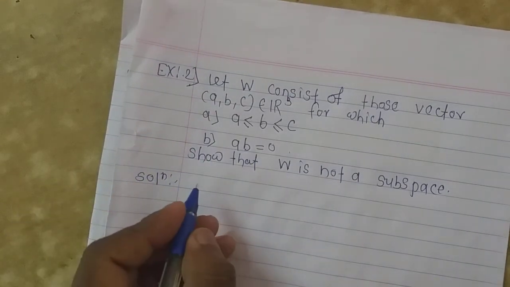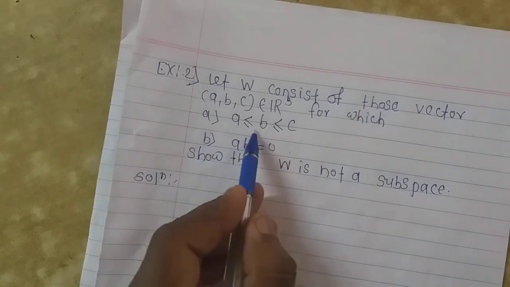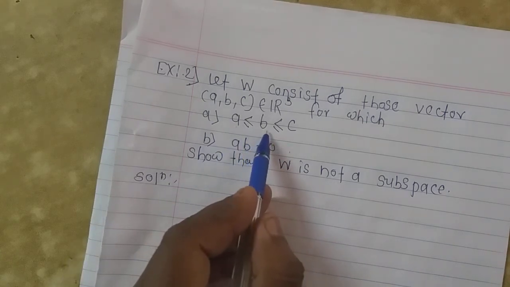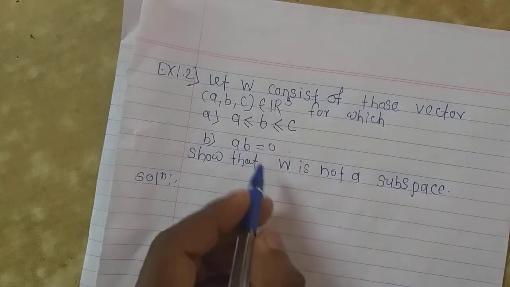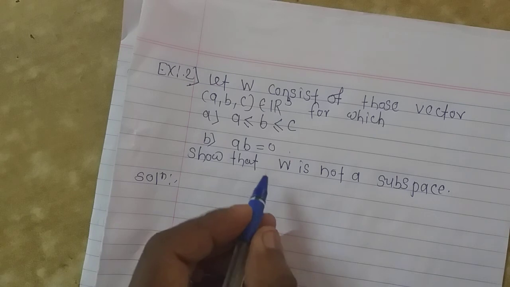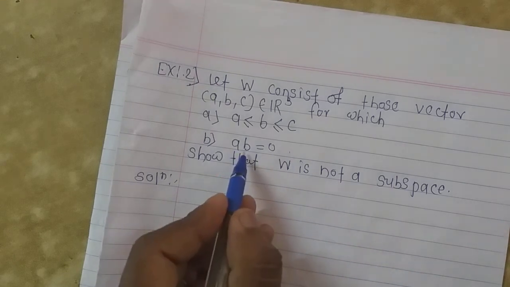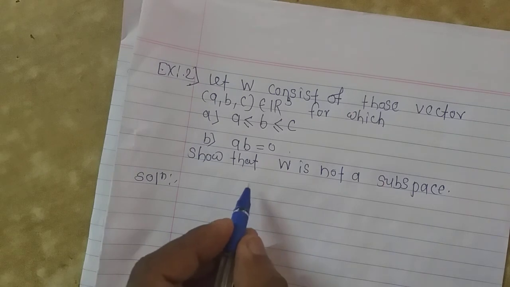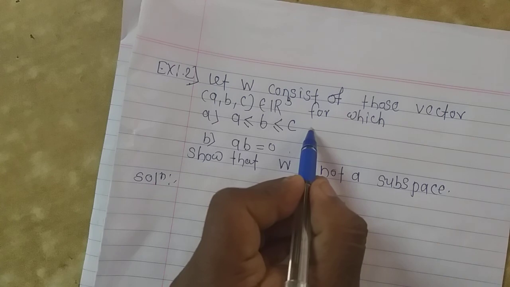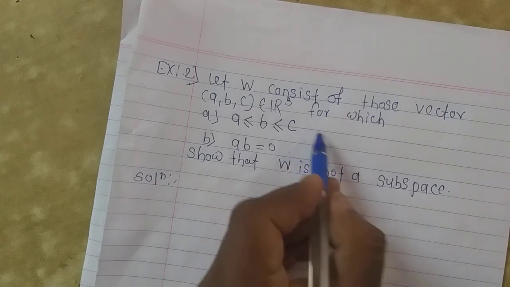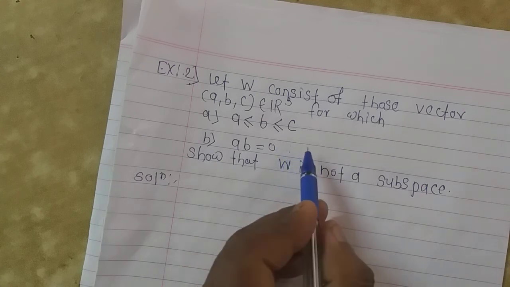We are going to the solution. The first condition is A is less than or equal to B is less than or equal to C. We check the condition KU belongs to W, and the second is U plus V belongs to W. In the first problem we use the scalar multiplication, and in the second problem we use the vector addition.